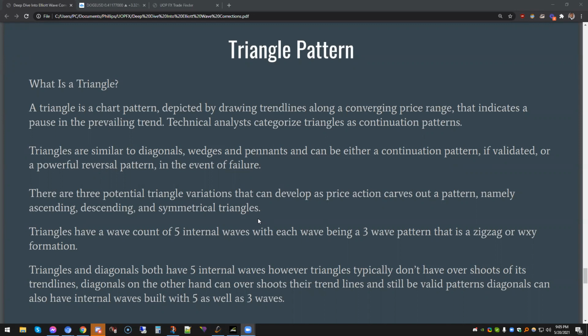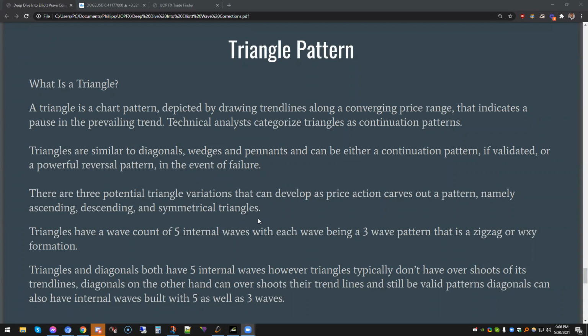Technical analysts categorize triangles as continuation patterns. So a triangle is typically categorized as a continuation pattern, but it is not always the case. Triangles are similar to diagonals, wedges, and pennants, and can be either a continuation pattern if validated, or a very powerful reversal pattern in the event of the failure of the triangle pattern formation.